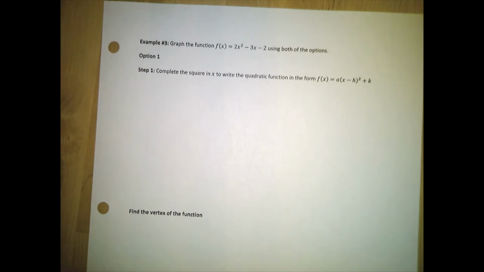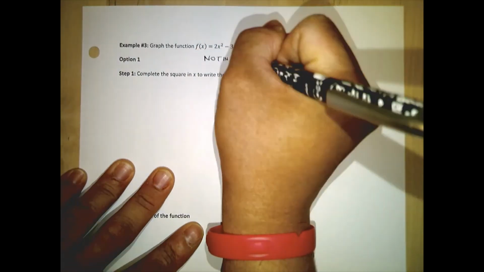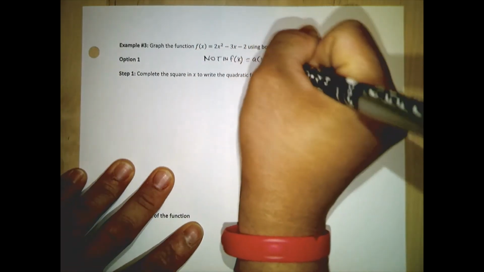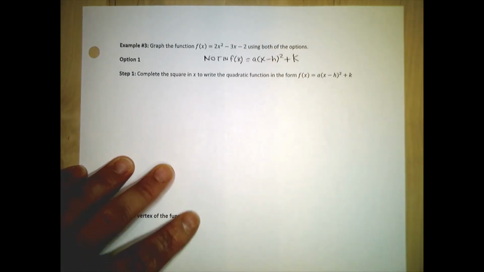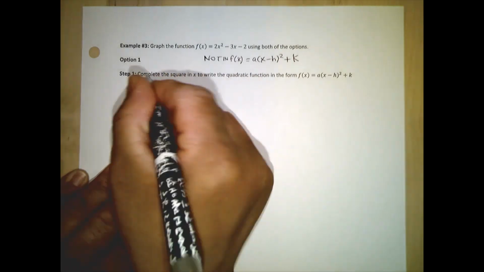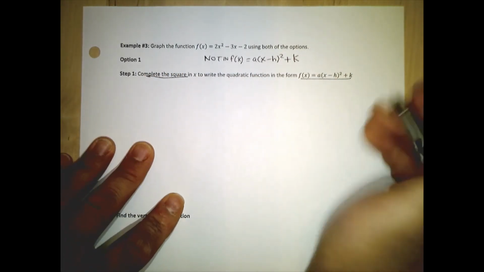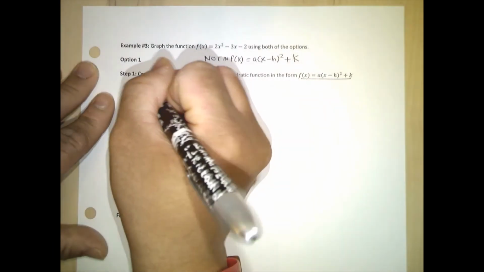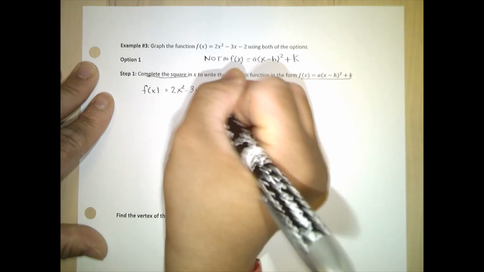All right, so here you see that this is not in the f(x) = a(x - h)^2 + k form. So we need to use completing the square to write the quadratic in that format. All right, so f(x) is 2x^2 - 3x - 2.